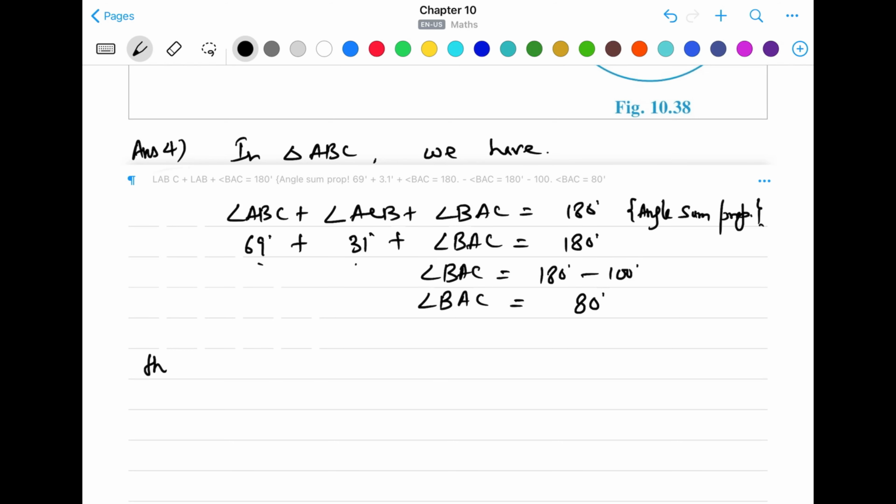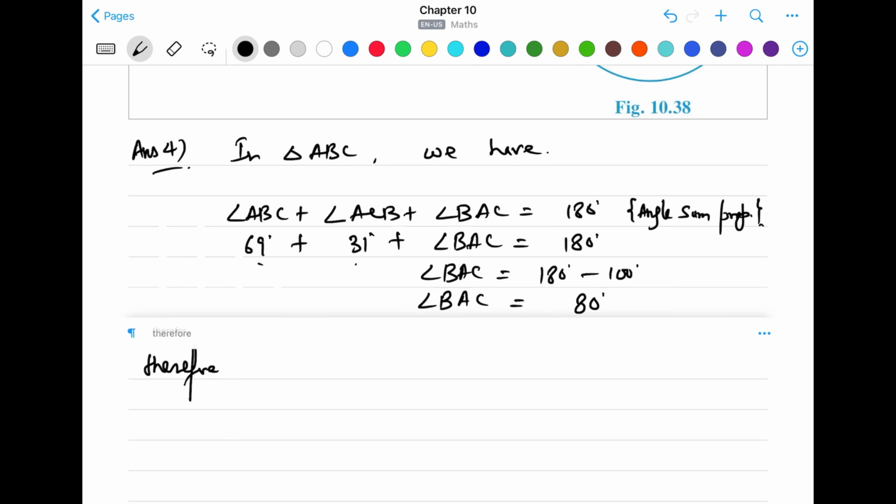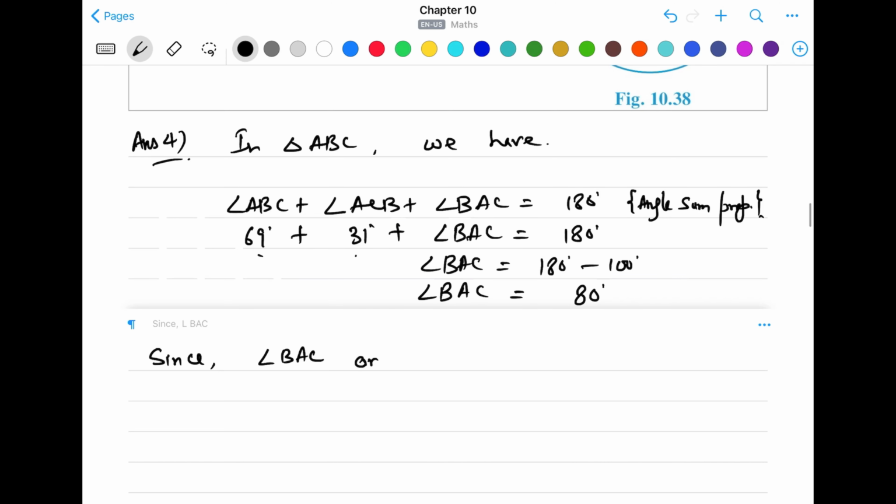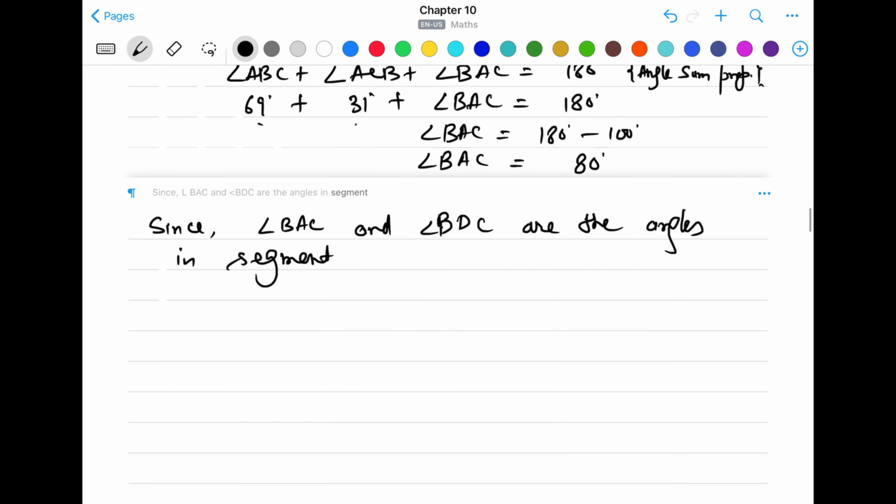Therefore, since angle BAC and angle BDC are angles in the same segment, angle BDC, which we have to find, will be equal to angle BAC.